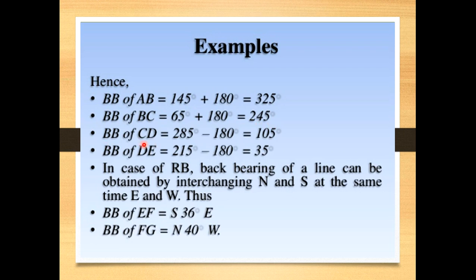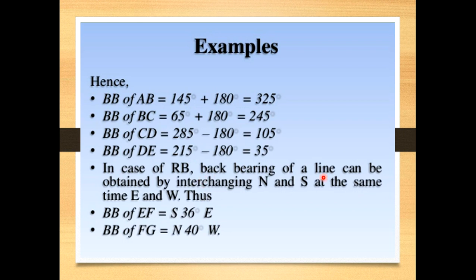Then back bearing of CD: 285 is greater than 180, so we apply minus 180, 285 minus 180, then we get 105 degree. The next value is 215, back bearing of DE: this is also greater than 180, so applying minus 180, 215 minus 180, then we get 35 degree.